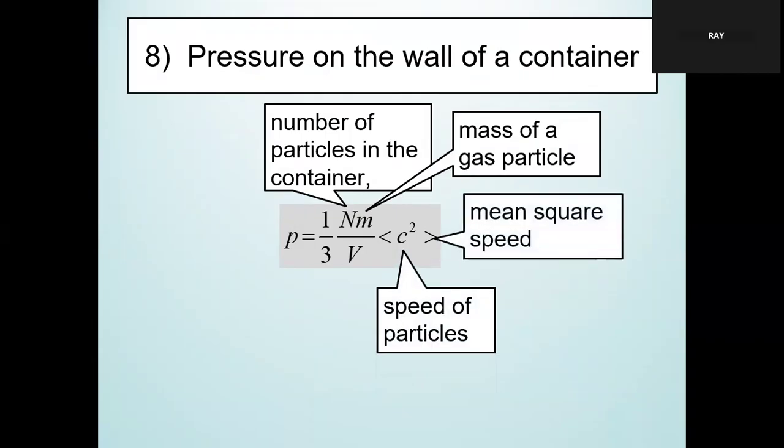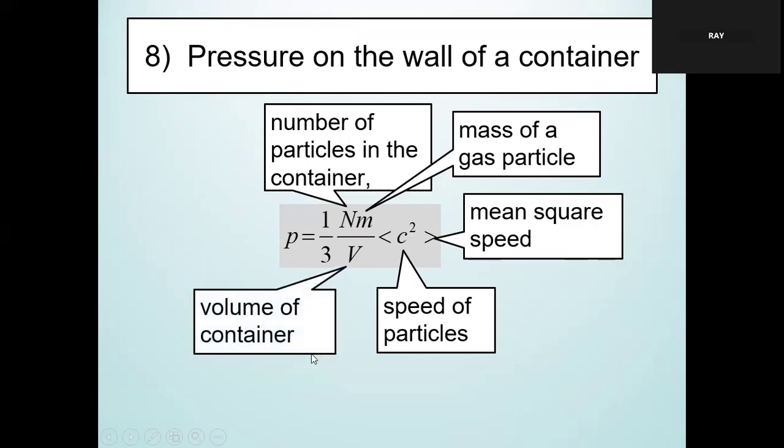And this is the symbol for mean square speed, the whole thing. We'll go into more detail later on. V is the volume of the container. So that N m is the total mass, this is the volume, so this becomes density.